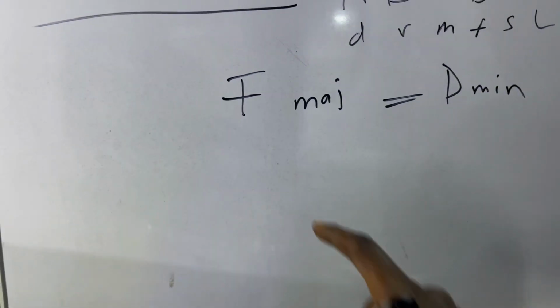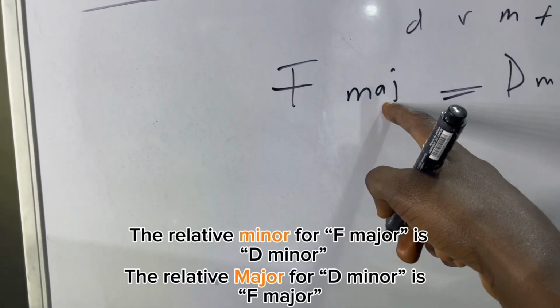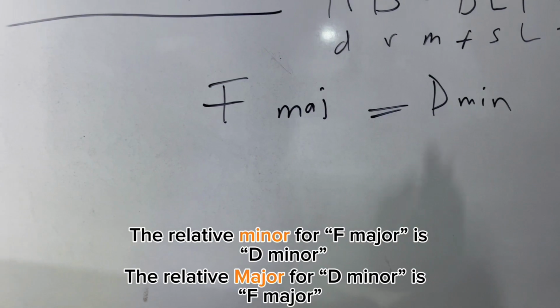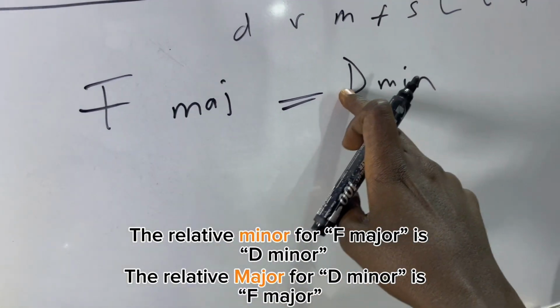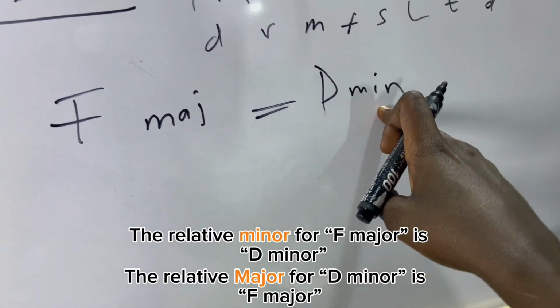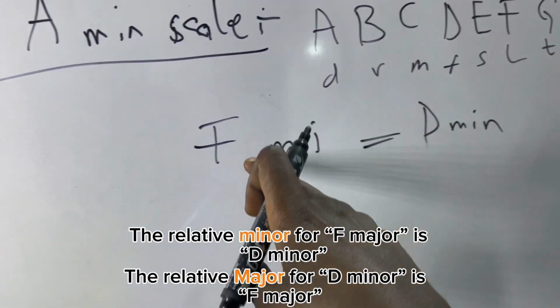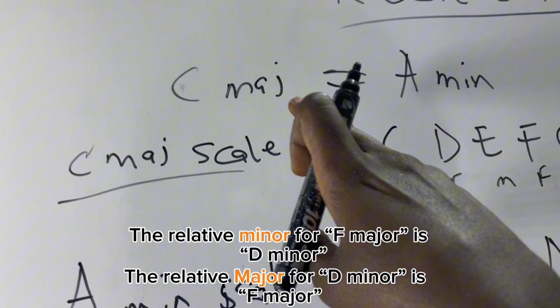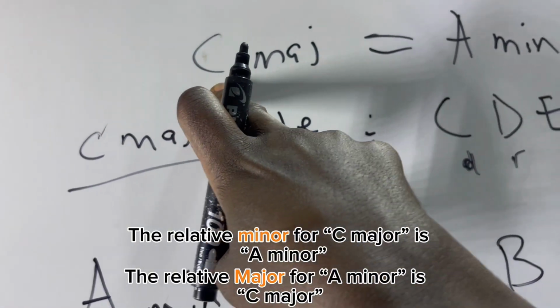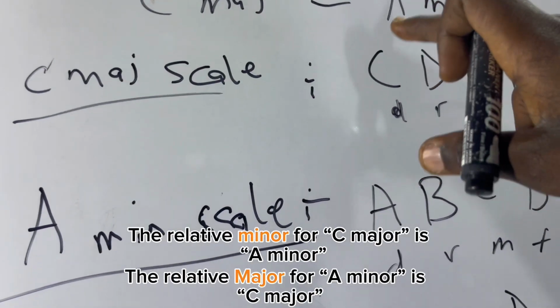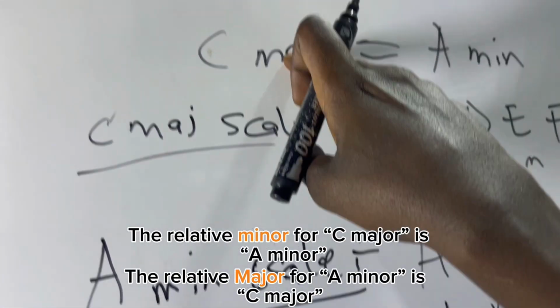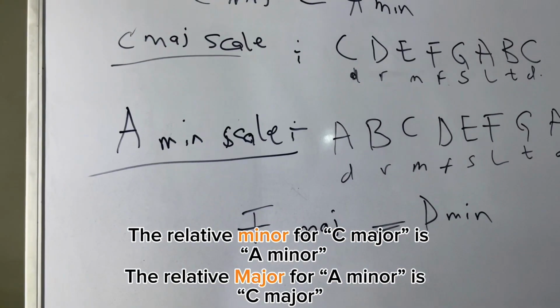The relative minor for F major is D minor, and the relative major for D minor is F major. The same thing applies to C major and A minor: the relative minor of C major is A minor, and the relative major of A minor is C major. That's how you say it.